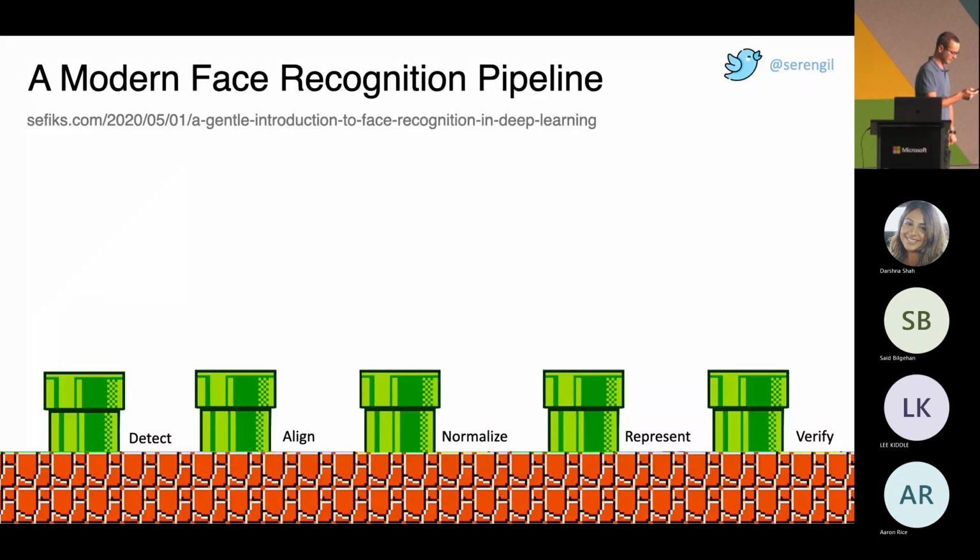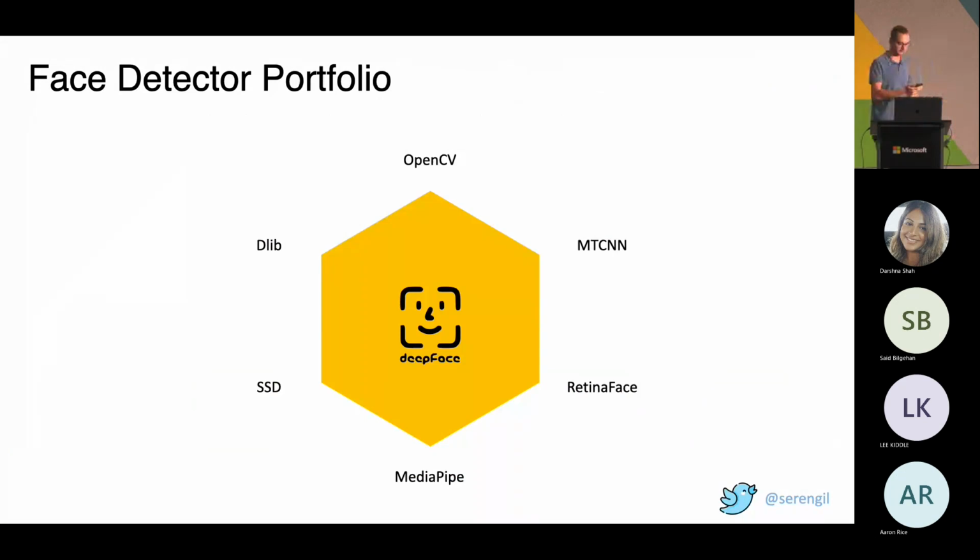Let's visit the detection stage. We need to find the facial area in a given image to detect a face, and if you are familiar with computer vision or image processing, you most probably play with OpenCV. It's the most common package nowadays for both Python and C++.